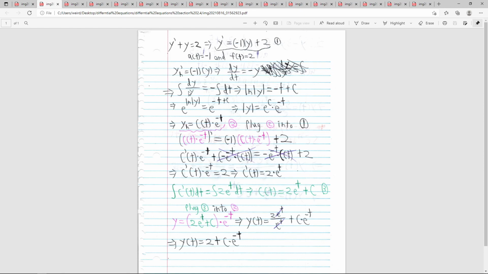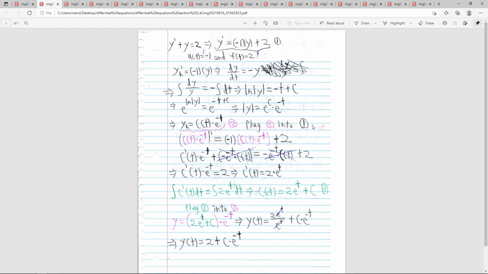So it's the integral of dy over y equals the negative integral of dt. So you get a natural log in it. Same process as before. I'm not going to try to make this an hour long. But in the end, you get the homogeneous solution using the same method as the previous section, the separable equation.